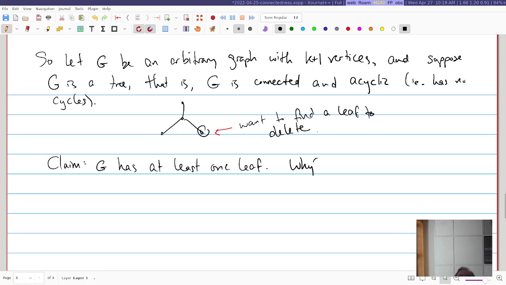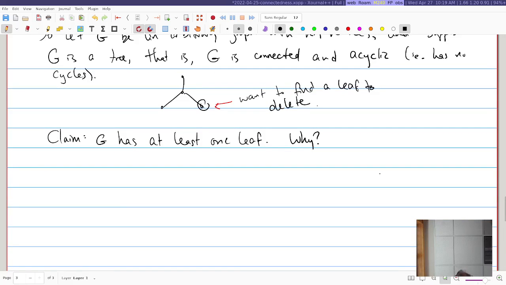So why? And it's not enough just to draw a bunch of trees and be like, look, here's a bunch of trees. Look, they all have leaves, right? That's not a proof. We need to use what we know about trees to argue why we can always find a leaf. So here's how I'm going to prove this. I'm basically going to give a procedure for finding a leaf.